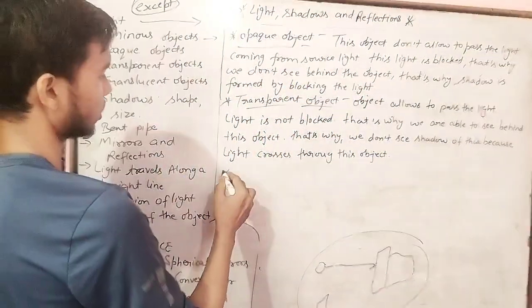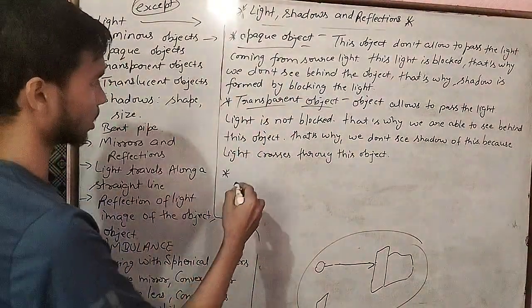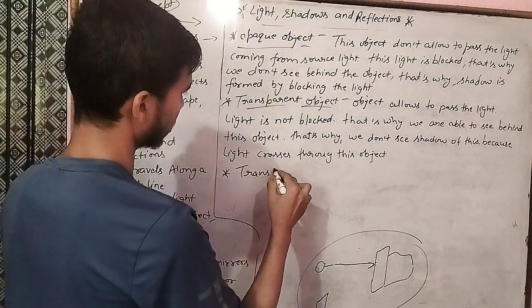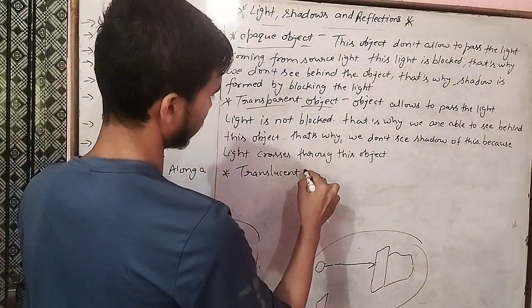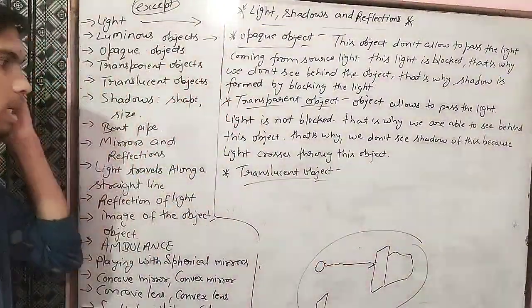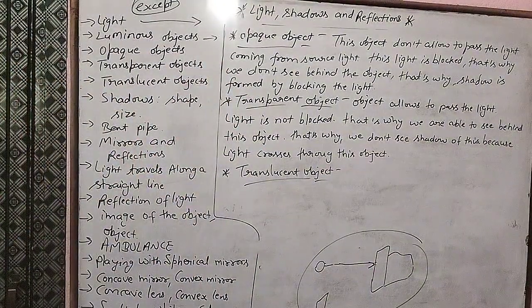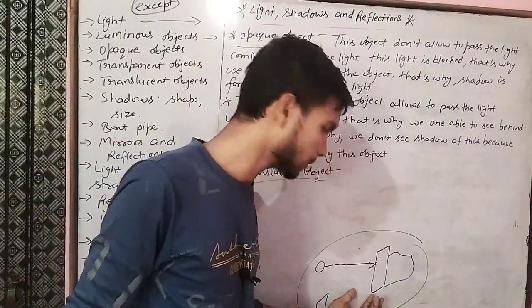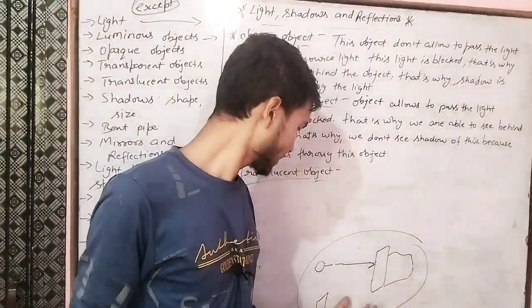Here, next is a translucent object. Try to understand carefully.